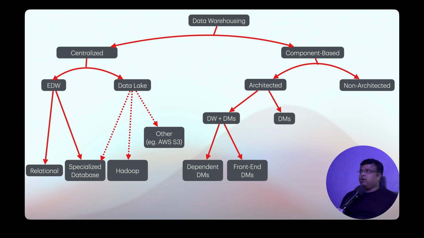Then we have another important architected model called the data warehouse bus architecture, that is DW bus. This model is based heavily on the idea of conformed dimensions. That basically means all the data marts should agree on common business entities like customers and products and employees and geography and so on.